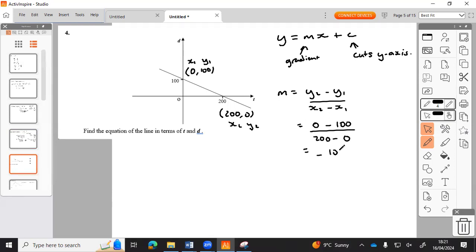So you get minus 100 over 200, which simplifies to minus a half.